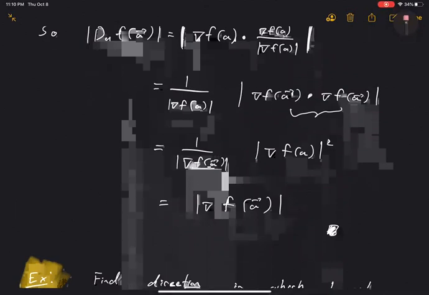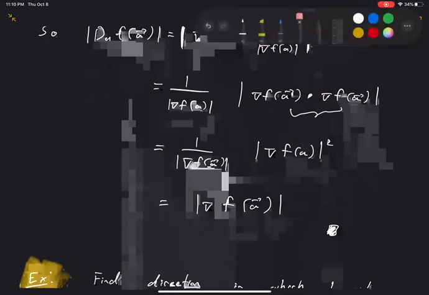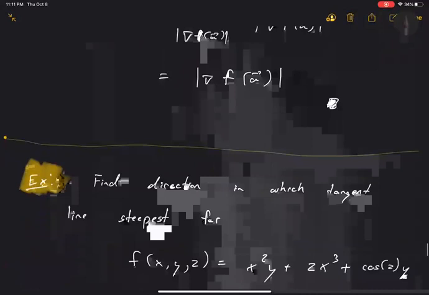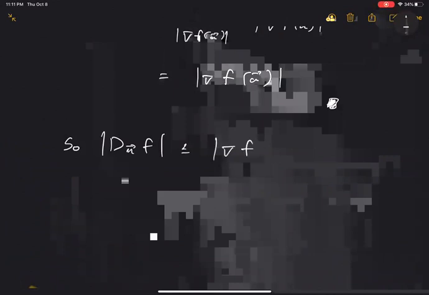All right, and that's the end of our theorem, but let's go back and recap what we did. We showed that for any vector u, the magnitude of change in that direction u is less than or equal to this.